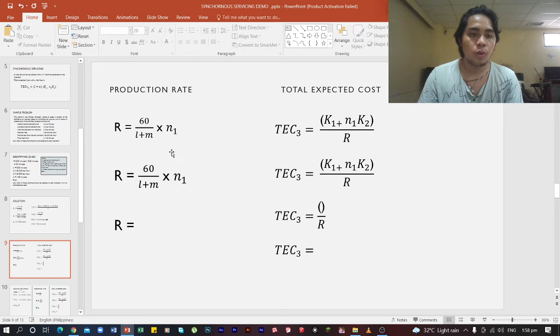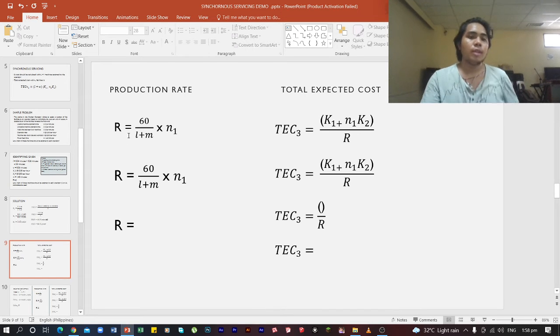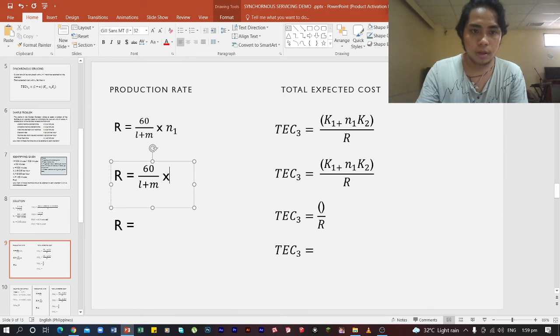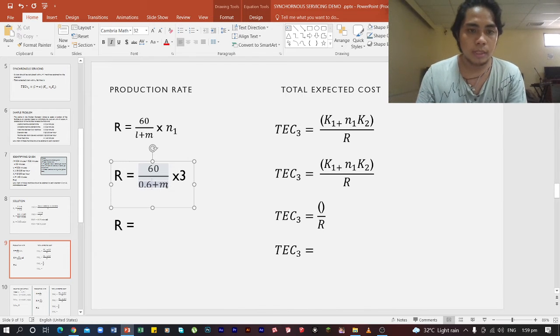Okay. So next, let's solve for the production rate. The equation of the production rate is R equals 60 over L plus M times N sub 1. We know our N sub 1 is 3, right? And our L is 0.6, and our M is 1.48.